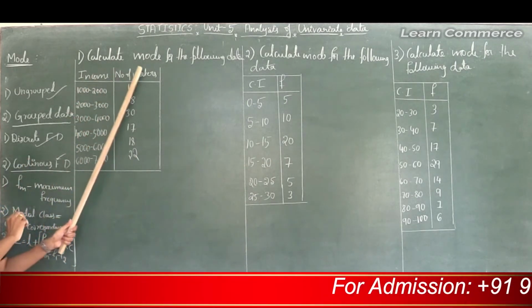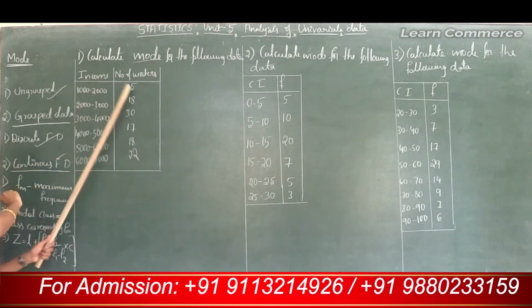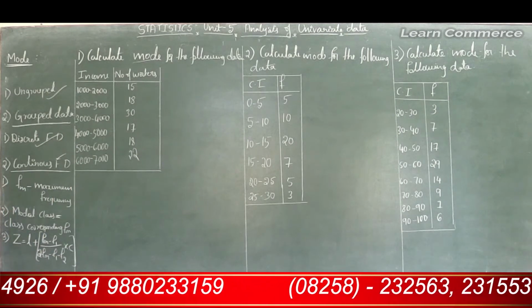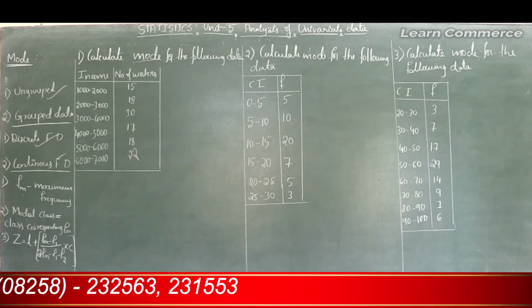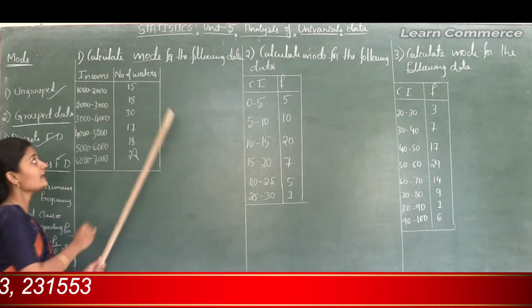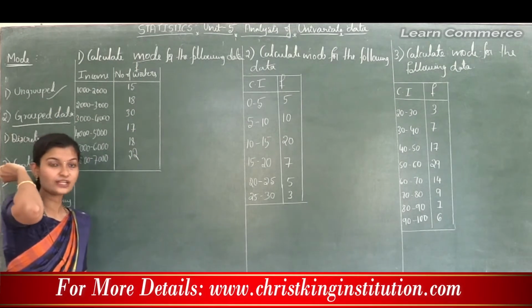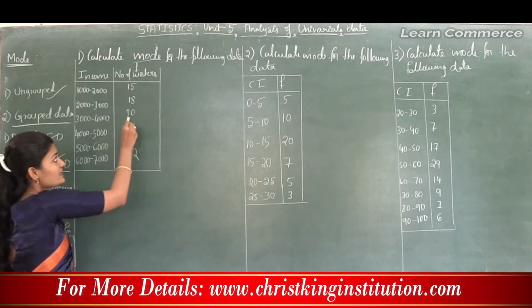So here we need to calculate mode. To calculate mode in case of continuous frequency distribution, we need to follow these important steps. The first step is to identify the maximum frequency. The number of workers is the frequency, and the maximum frequency is 30.